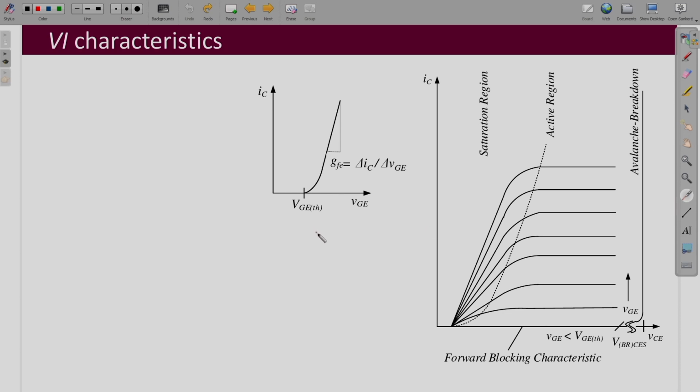Now, let us look into the VI characteristics. So, this is your characteristic between your collector current IC and your collector to emitter voltage.